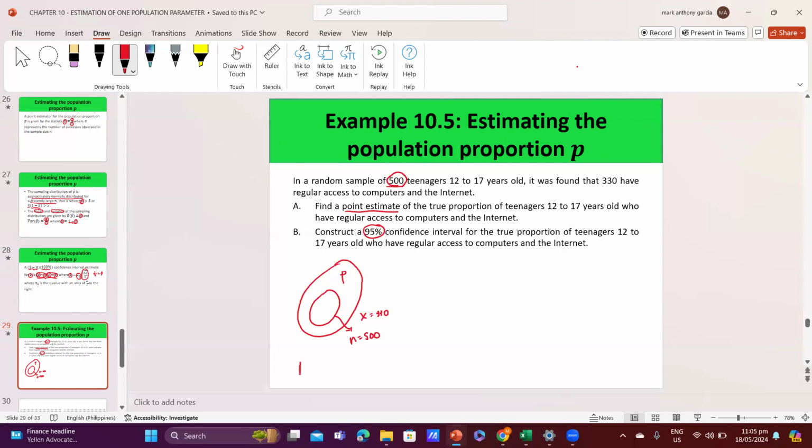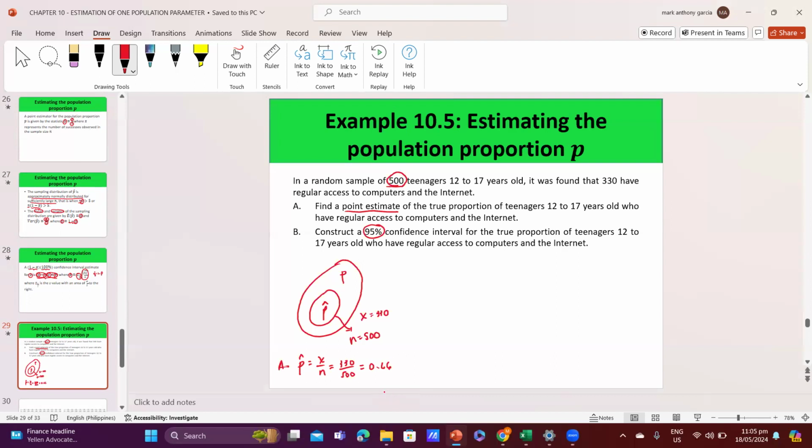So this means that our sample proportion p hat, which is our point estimate here, is equal to small x over small n, which is 330 over 500, and that is 0.66.